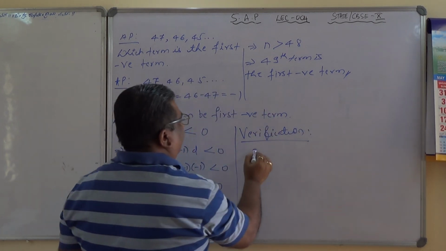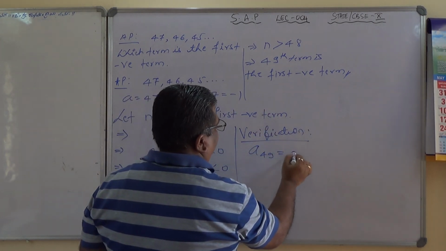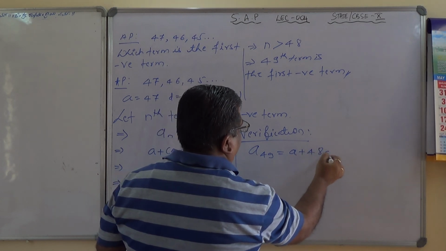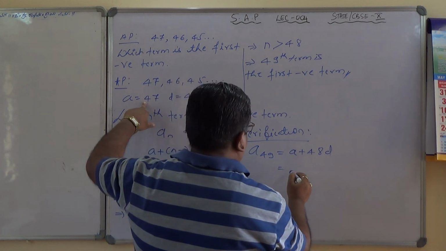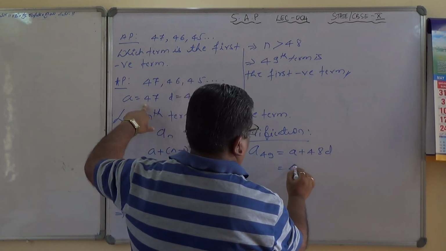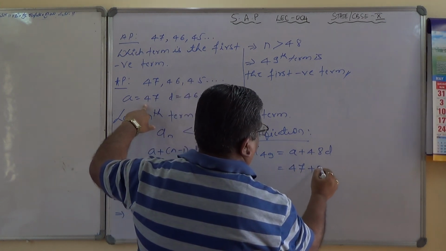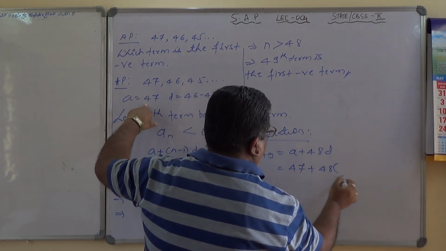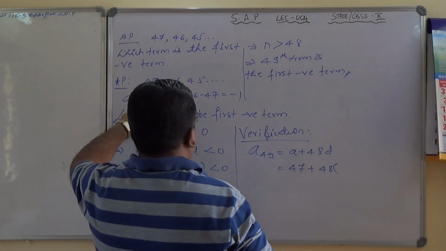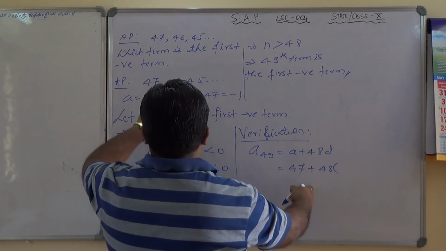Verification, A49 equals A plus 48D. A is 47 plus 48, what is D?